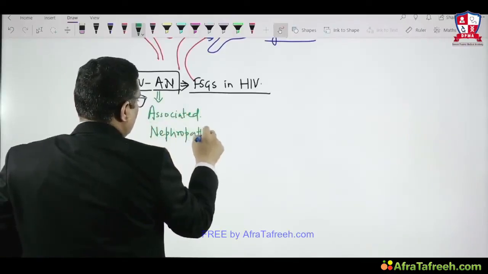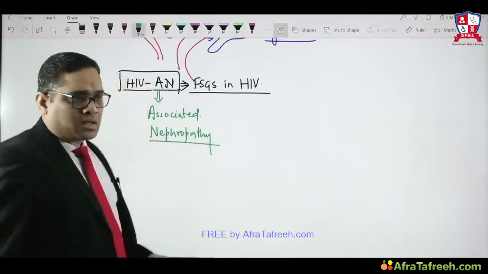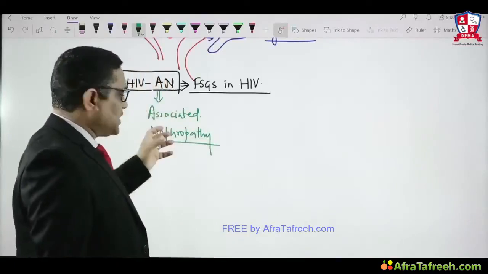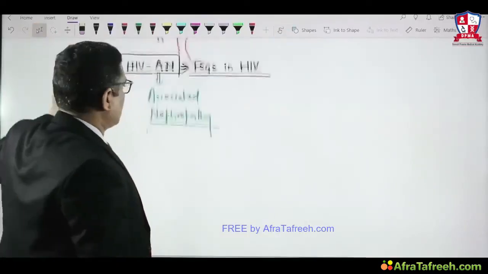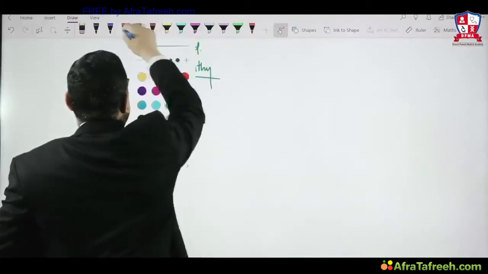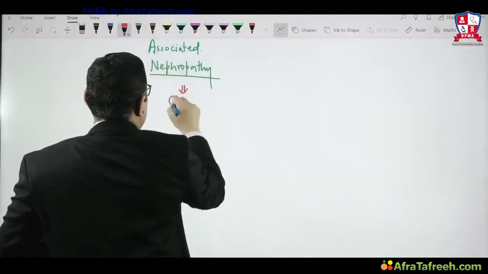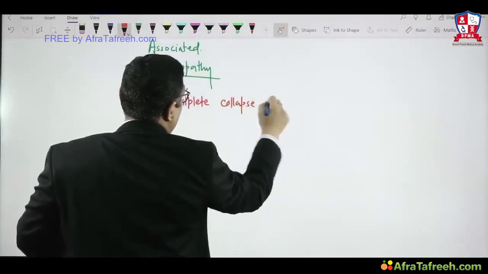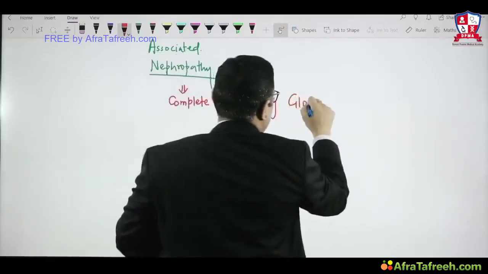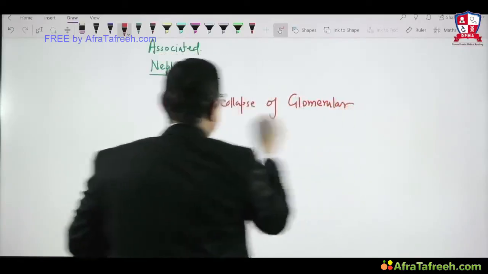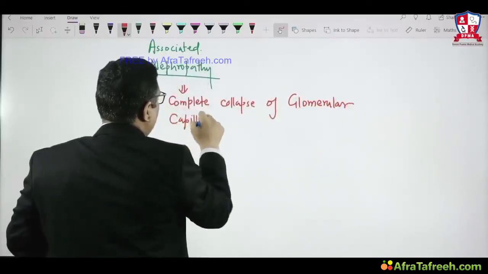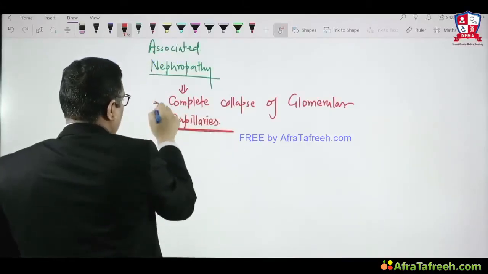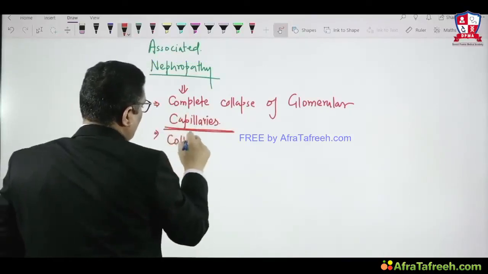In focal segmental glomerulosclerosis, only a focal area shows glomerular capillary collapse, but in HIV associated nephropathy there will be complete collapse. So what is the difference? Here you will find complete collapse of glomerular capillaries, and that is why this is also called collapsing.